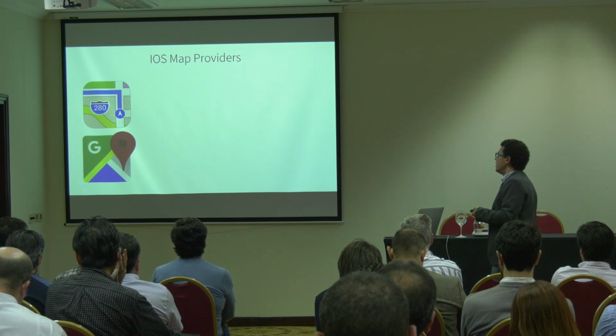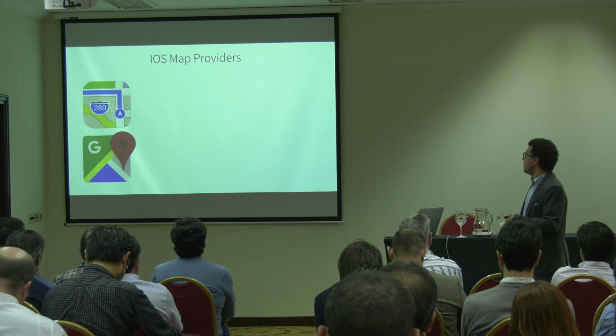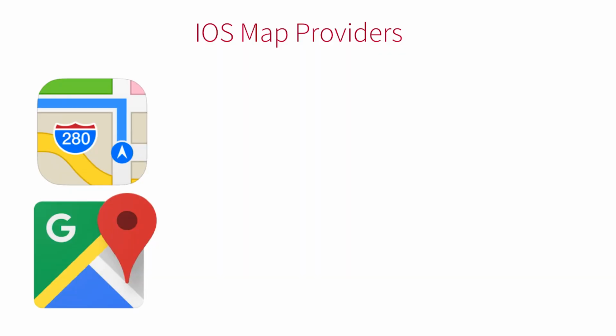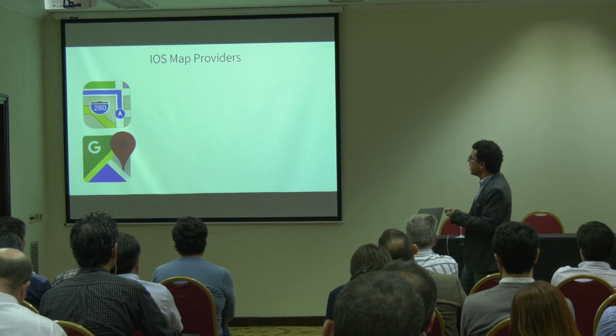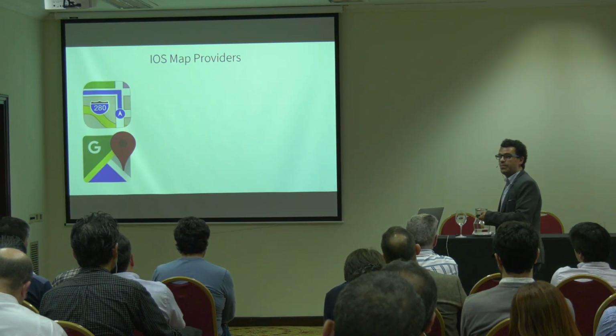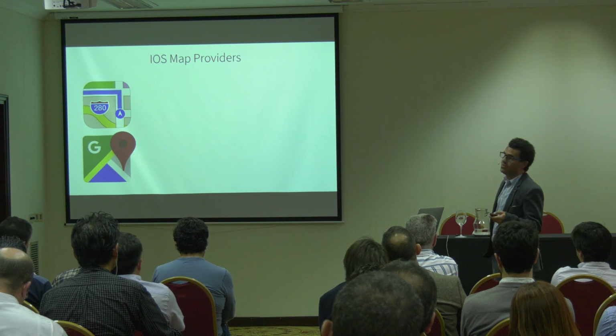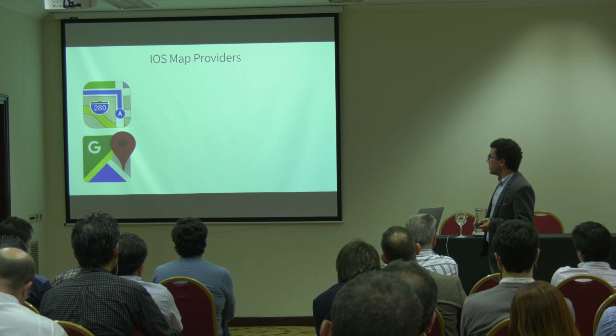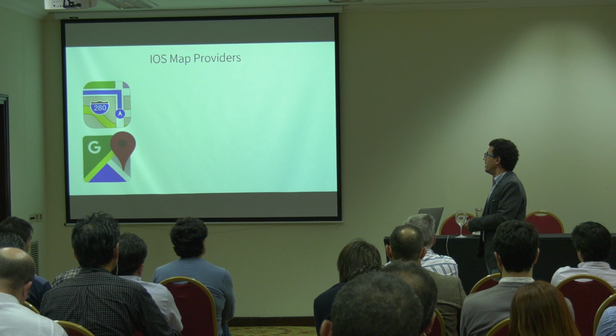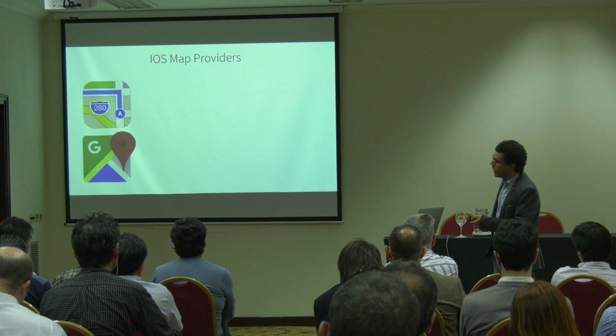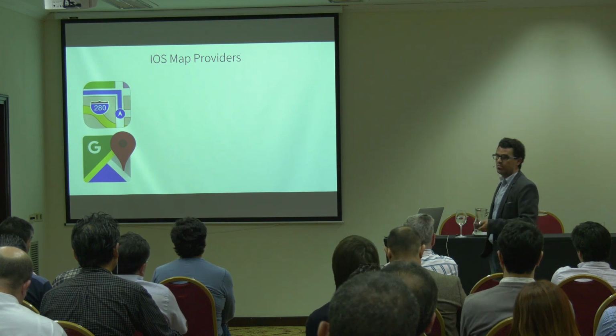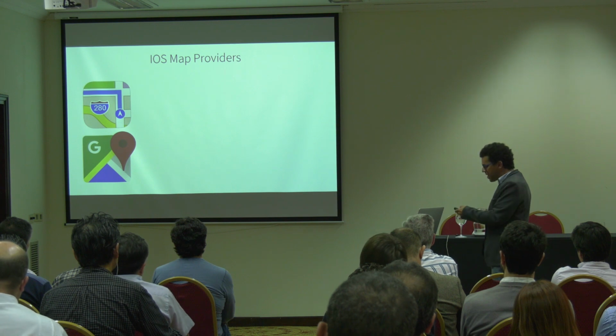Now, what other things have we been doing at geography level? Well, we continue working. We've been working for quite some time in having more and better cartography providers. For iOS, we had Apple Maps, and for Android, we have Google Maps, and we have AutoNavi and Baidu from China.